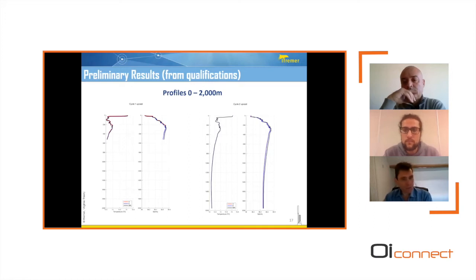Okay, probably time for another question. You mentioned the biogeochemical sensors. What sort of parameters can you measure on these in an automated way? It could be chlorophyll. I don't know exactly the sensors used by the LOV at Villefranche, but I think it could be any kind of sensors.